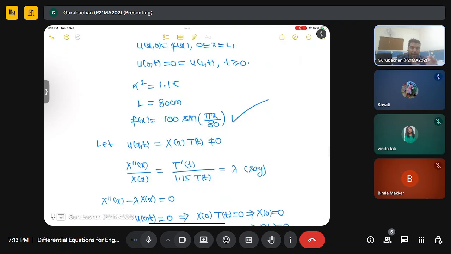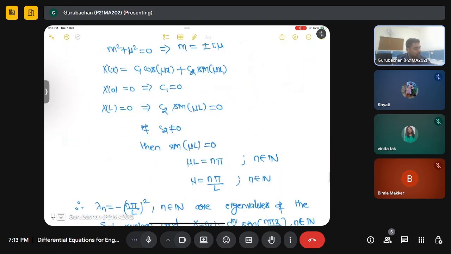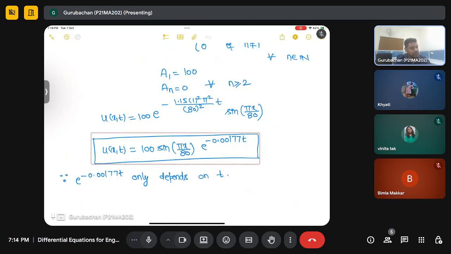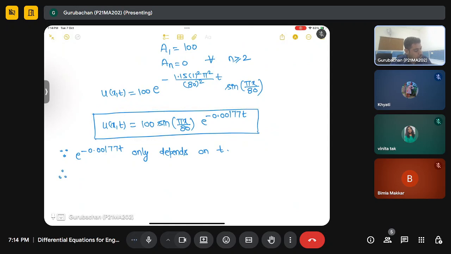If you observe in this u(x,t), this e to the power minus 0.00177 t depends only on t. Therefore, the place where u max occurs will depend only on the term that contains x.